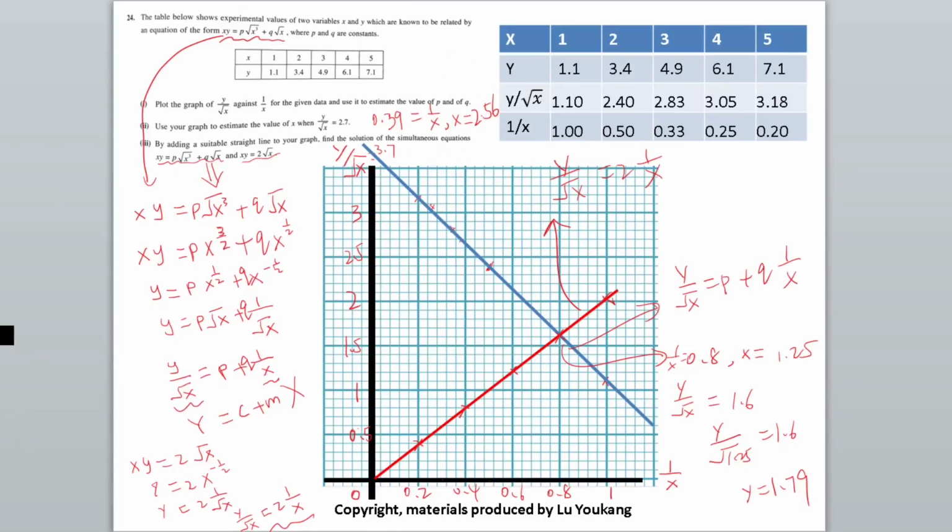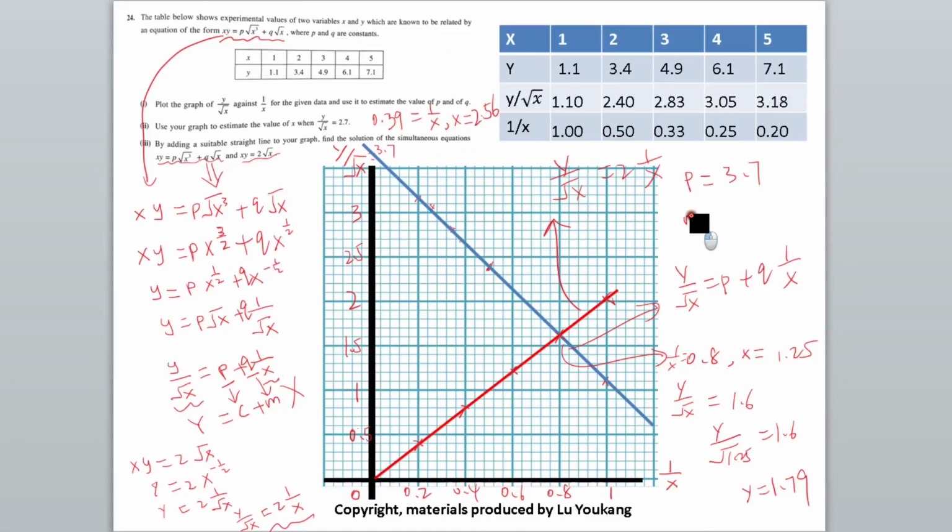In fact, for two simultaneous equations like this, they might be very complicated if you use any other method, but for simultaneous equations, we have 3 methods: elimination, substitution, and the graphical method here. And of course, you can think of the last method as using your calculator if your calculator is powerful enough. And I think I have missed out my value of P and my value of Q.